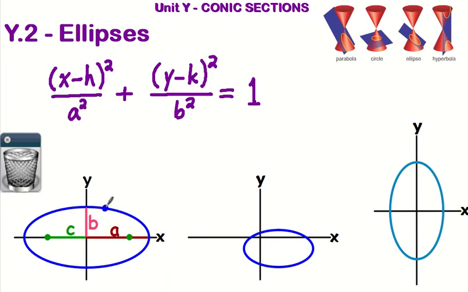So there's a random point on the ellipse. If you take the distance from each focus point and you add them up, that's going to be some value. Like this distance plus this distance. That's going to be something.